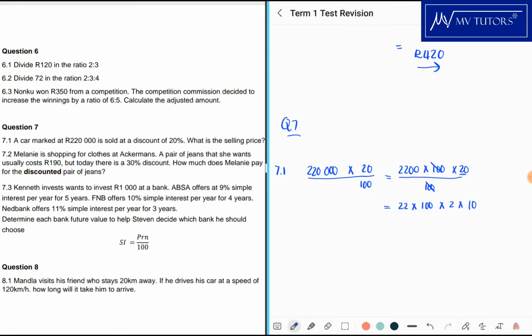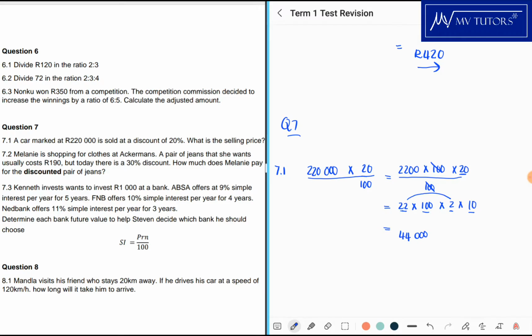Okay, if I take 20 apart, I have 2 times 10. If I take 2,200 apart, I actually have 22 times 100. So 22 times 2, I want to multiply these two. So I have 44. And 100 times 10 is 1,000. Okay, so I basically have 44,000. That is 20% of 220,000.